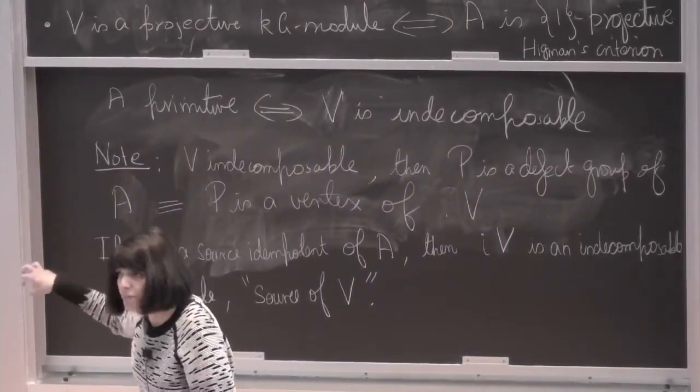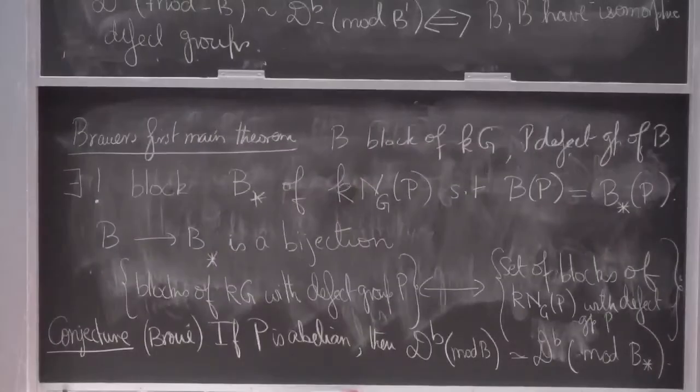And so in this special case where the defect groups are abelian, for these wonderful numerical conjectures, there is at least a conjectural explanation. Okay, thank you.